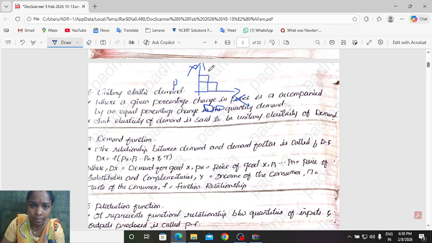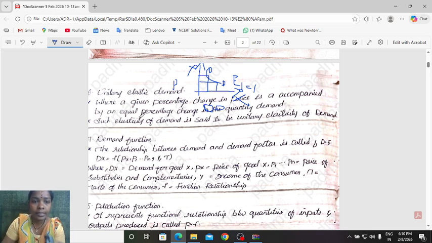Both should be equal, and this line is called the demand curve. This is D, and this is also D, and this can also be written as elasticity of demand equals 1. If you write this, you will get 2 marks. Otherwise, you write the formula also. Whichever is easy, you can write that one.